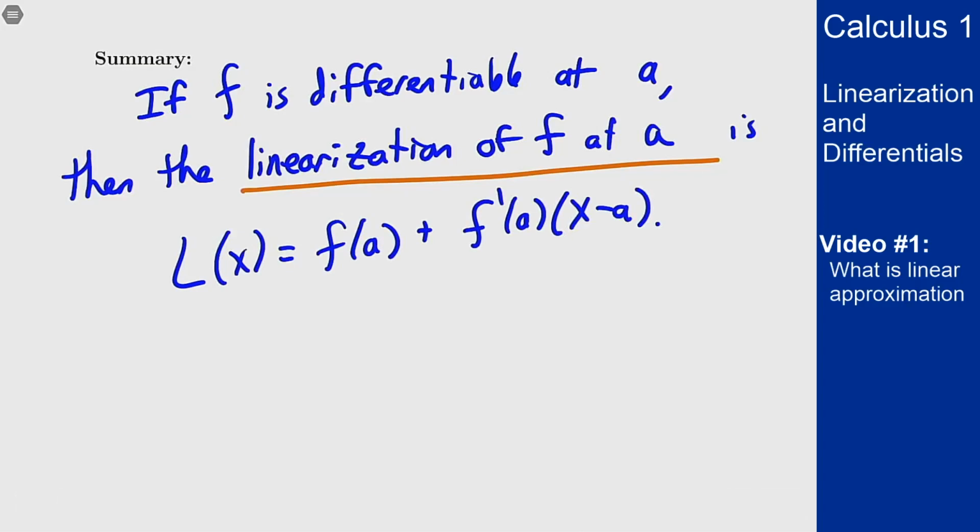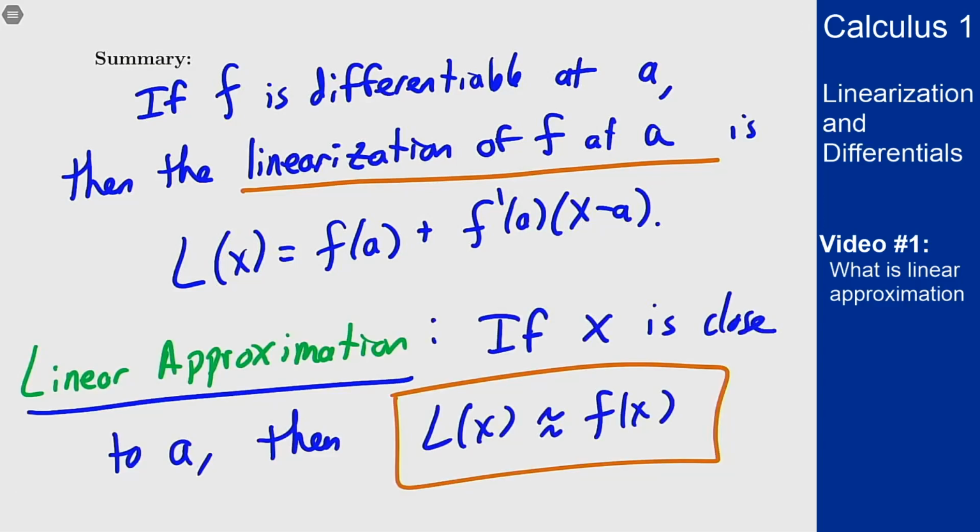And the idea of linear approximation is that as long as I pick x close to a, L of x is about the same as f of x. What do we really mean by close here? That really depends on what you're looking at, but the point is the closer I get to a, the better approximation I get. So if I want a really good approximation, I better take x really close to a. But if I can tolerate some error in my approximation, I can take x further away.